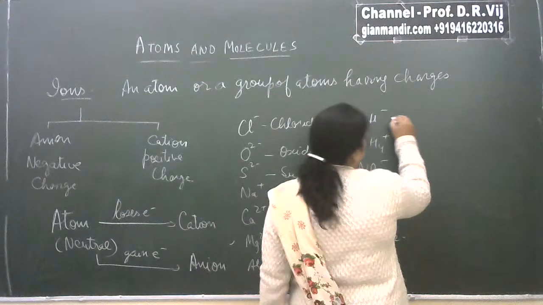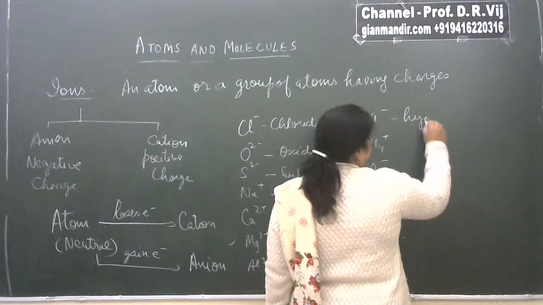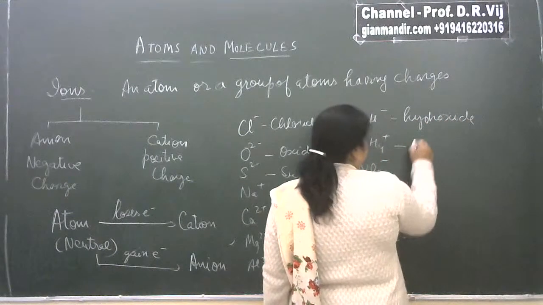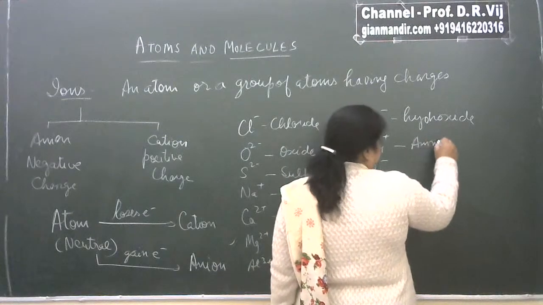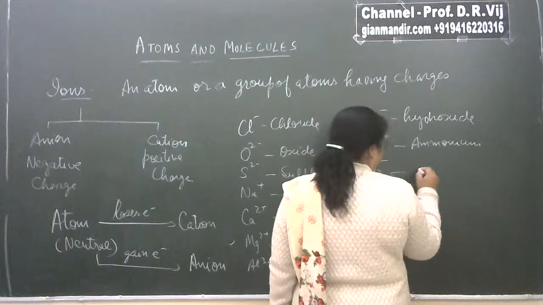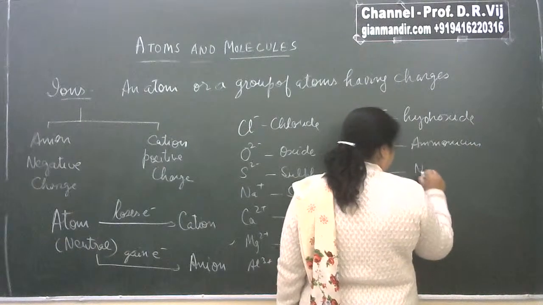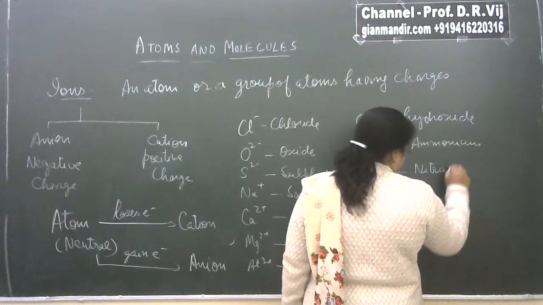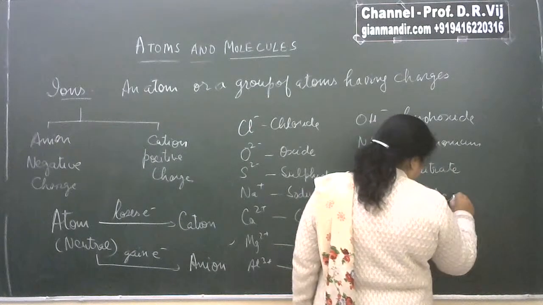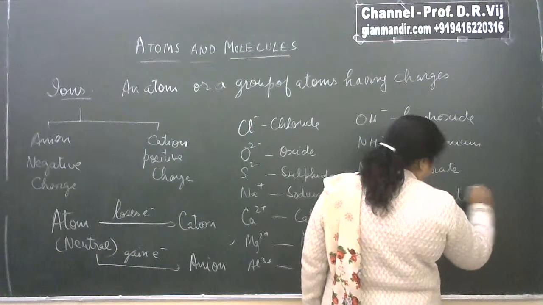So OH⁻ is the hydroxide ion. NH4⁺ is the ammonium ion. NO3⁻ is nitrate. CH3COO⁻ is acetate.